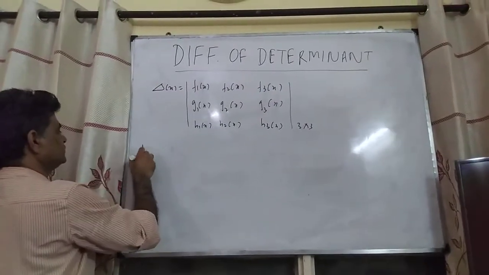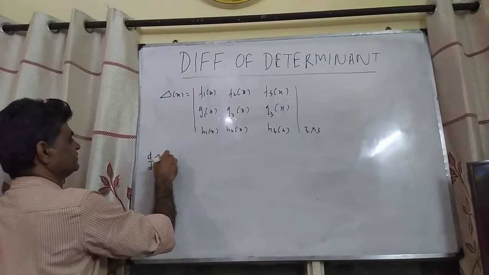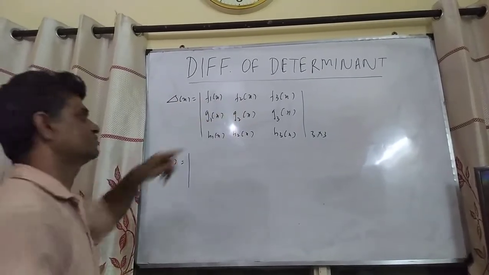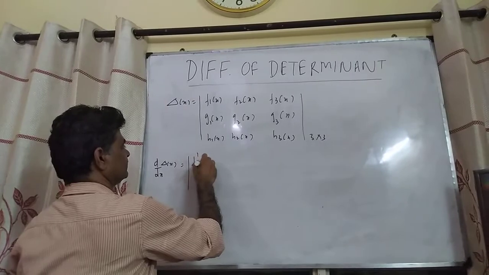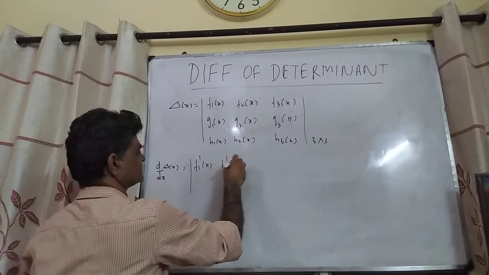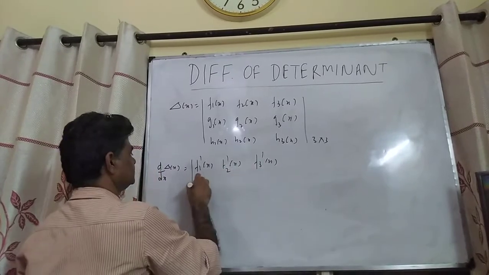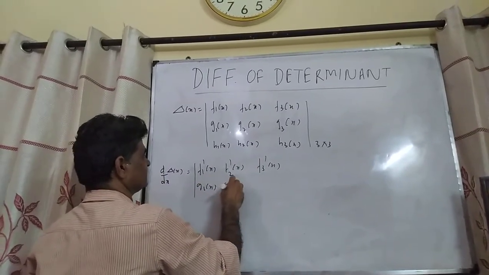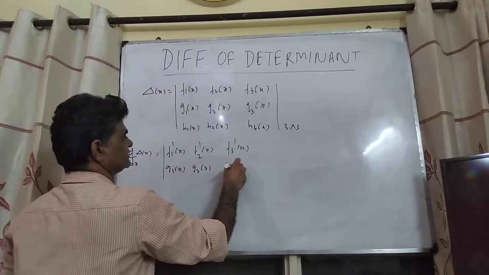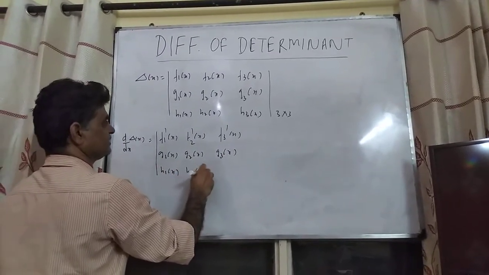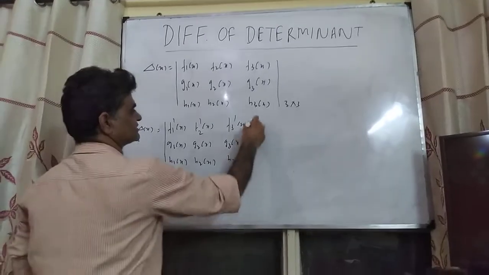So what we are going to do, we are differentiating, first of all, all the elements of the first row: f1'x, f2'x, f3'x. Remaining two rows will remain same: g1x, g2x, g3x, h1x, h2x, h3x.